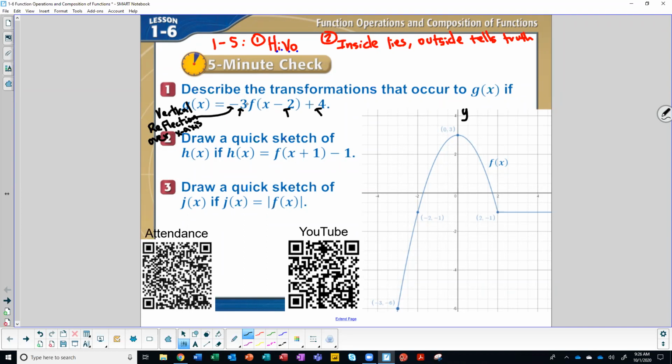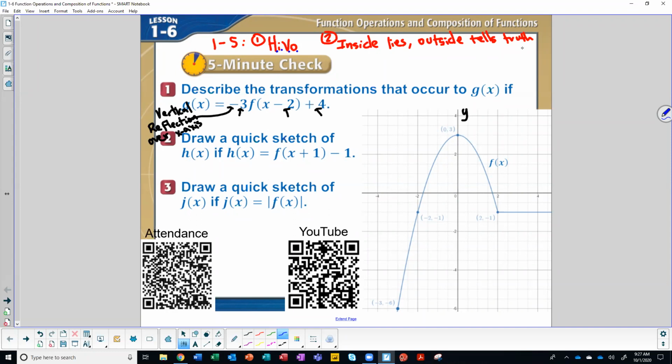Now you have a 3. Is this 3 inside of the f equation, or is it outside of the f equation, this 3 right there? So that 3, I've been told, is outside, and I agree with the student. That 3 is outside. So since it's outside, that means it's vertical.